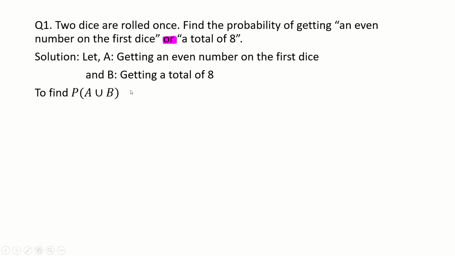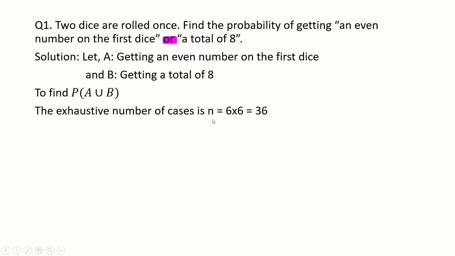Now let us find the elements of A. A means getting an even number. On the first dice, there are 3 even numbers when we throw a dice: one is 2, another is 4, another is 6. The exhaustive number of cases is always 36.